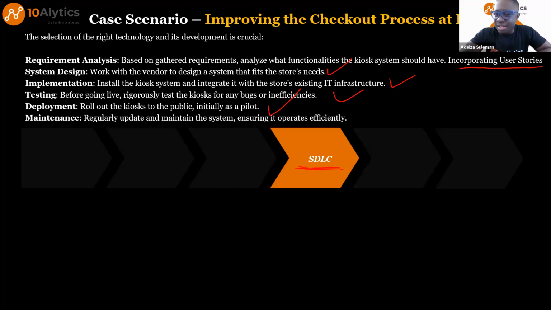And of course, you're going to roll out. Once you've tested, everything is good to go, you've made the necessary iterations, also in line with the requirements, you deploy, and maintenance is also part of the software development lifecycle. This is also a key responsibility of the business analyst. So there are so many tools involved in this phase as well, used by both the technology team and the business analyst.